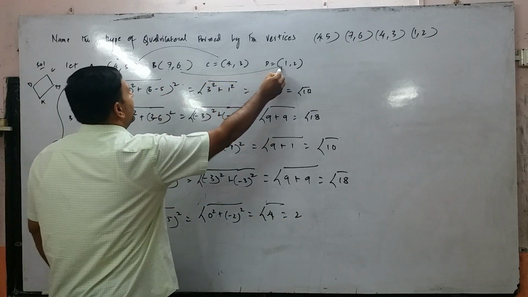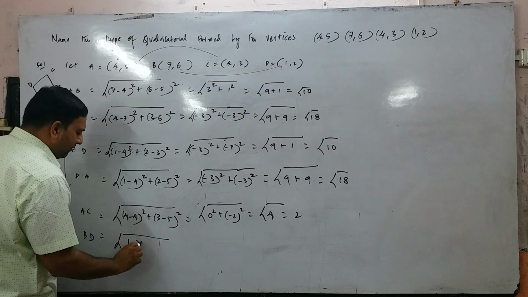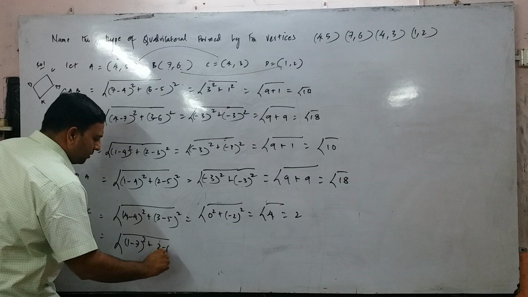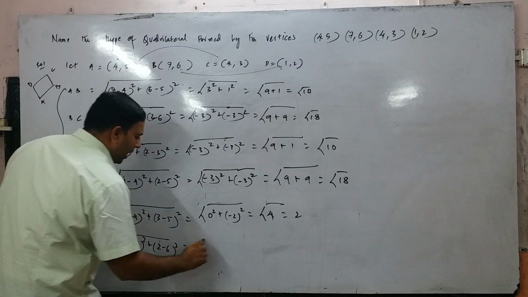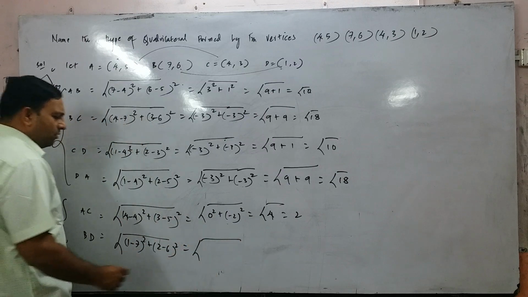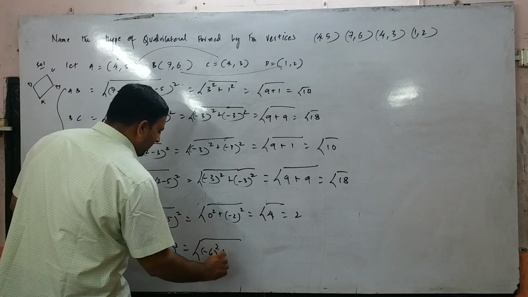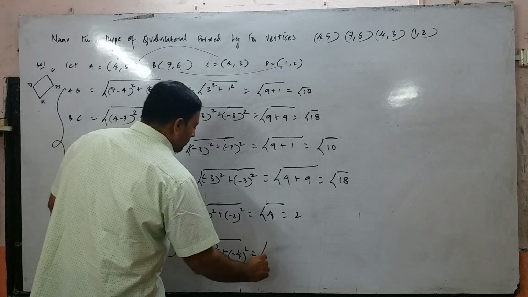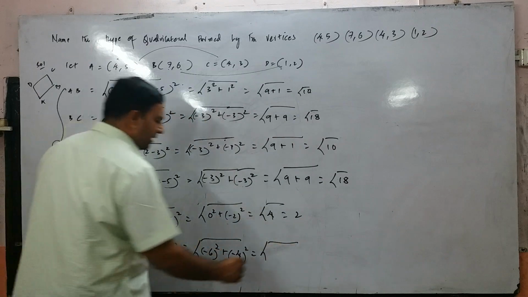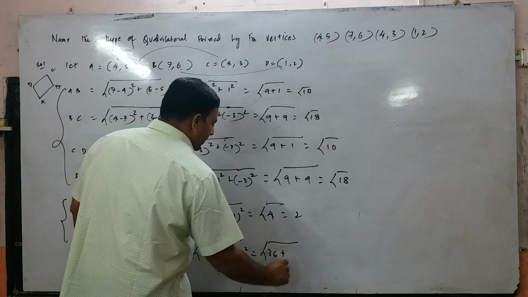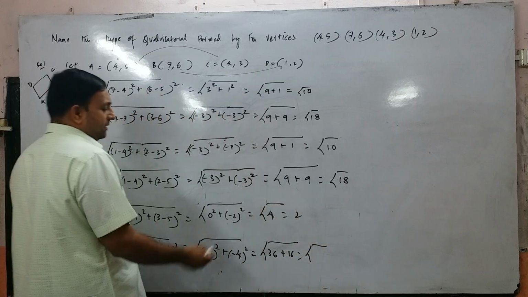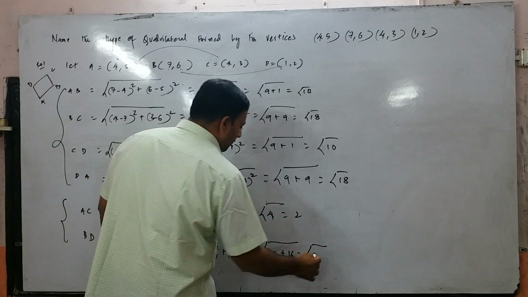It is (1 minus 7) whole square plus (2 minus 6) whole square. 1 minus 7 is minus 6 whole square, which is 36, plus 2 minus 6 is minus 4 whole square, which is 16. Under root of 36 plus 16 is root 52.